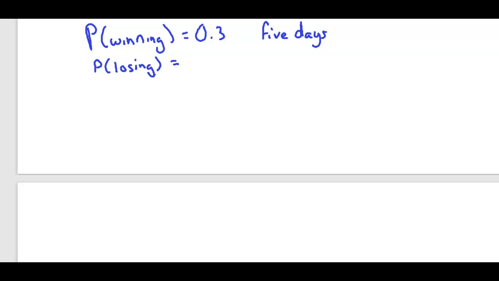So if we had a probability of winning of 0.3, the opposite of that is losing, which would be 0.7. And we're going to do that for 5 days. So we're going to do 0.7 for 5 days, and then we're going to do a 1 minus. And that's going to give us the 0.8319. So anytime you want it at least once, this is what you're going to work with.